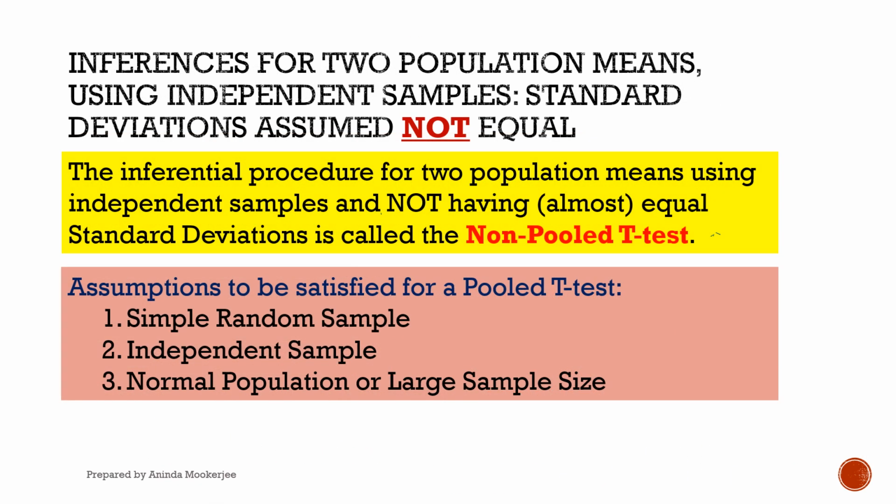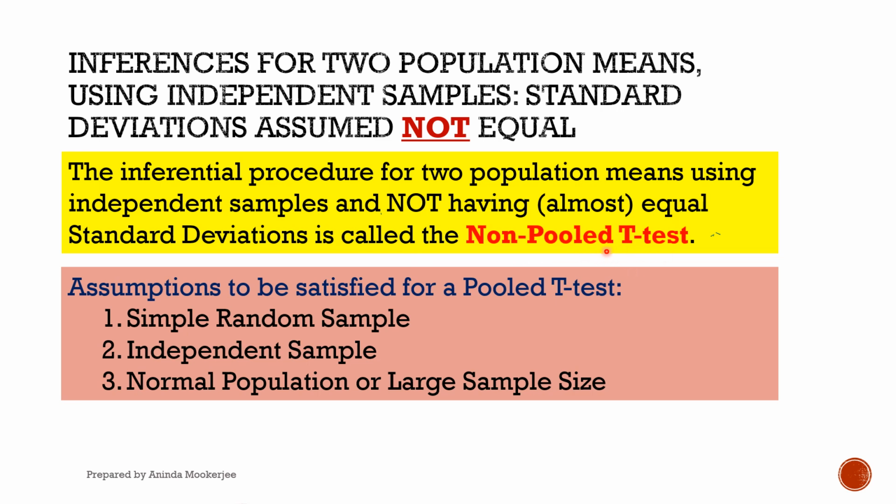Now we'll talk about the process of drawing inferences for two population means using independent samples when the standard deviations are assumed not equal. The inferential procedure for two population means using independent samples and not having equal standard deviations is called the non-pool t-test.